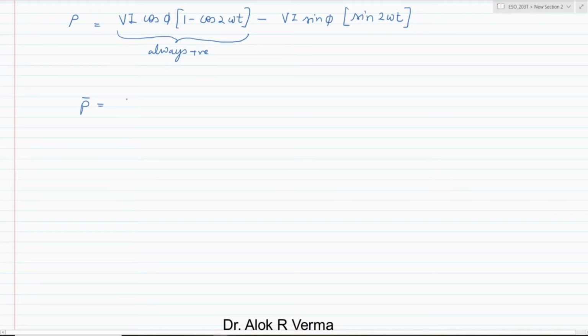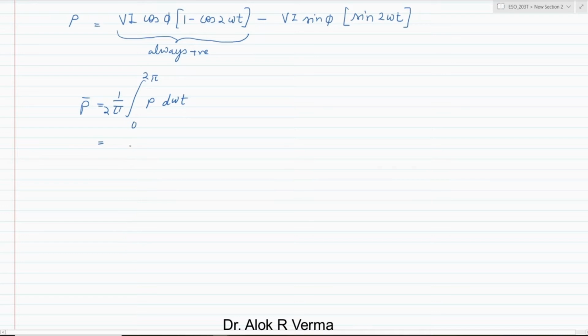Now if we try to calculate the average power, the average power is the instantaneous power averaged over the interval 0 to 2 pi. If you do all the calculation from the above expression, there is some mathematics involved, and you can try this and find out.